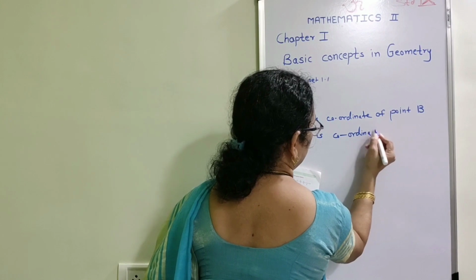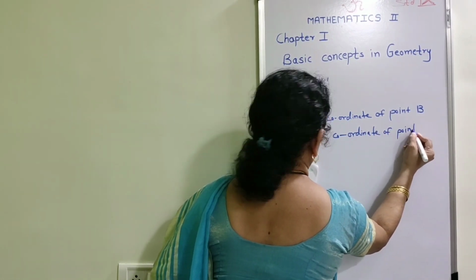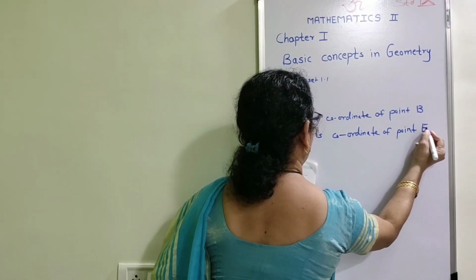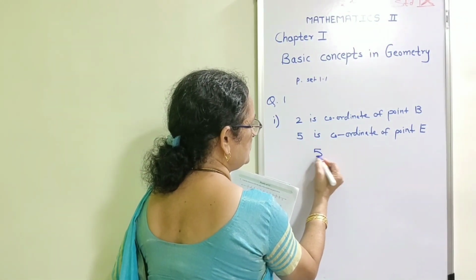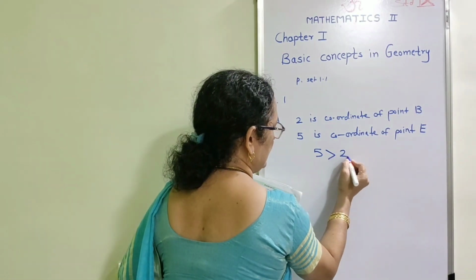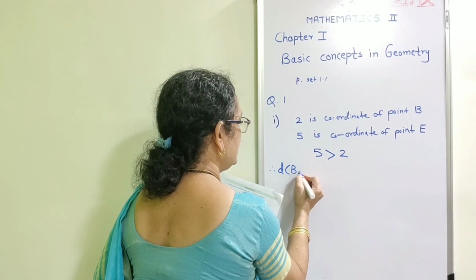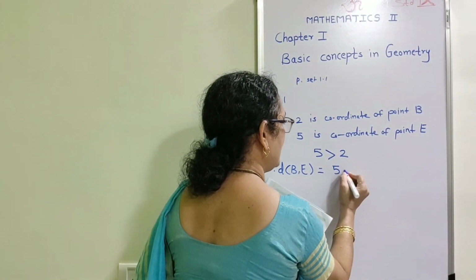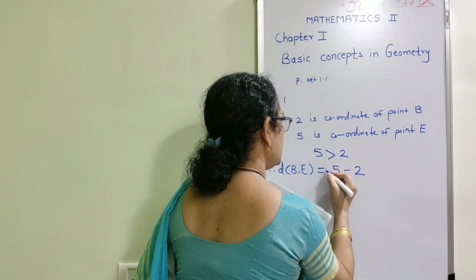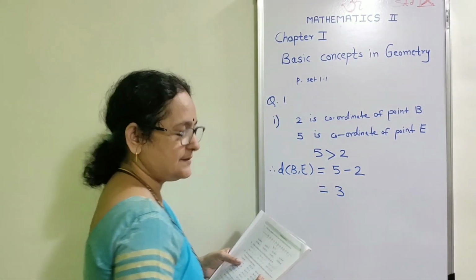Now we are going to determine the order relation between these two. 5 is greater than 2 and therefore distance BE is equal to greater coordinate minus smaller coordinate, that is 5 minus 2. Your final answer is 3.